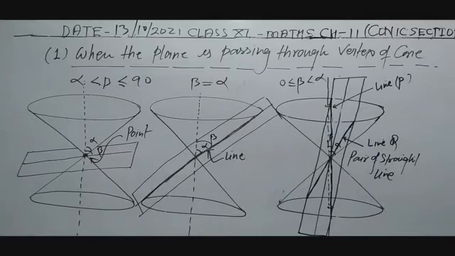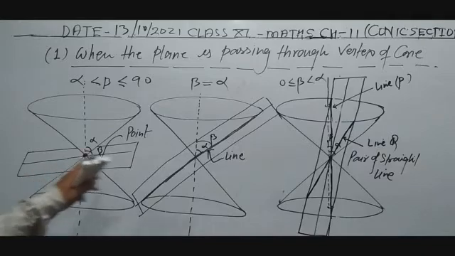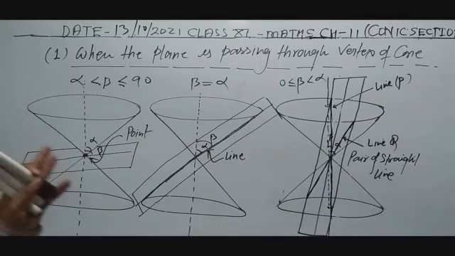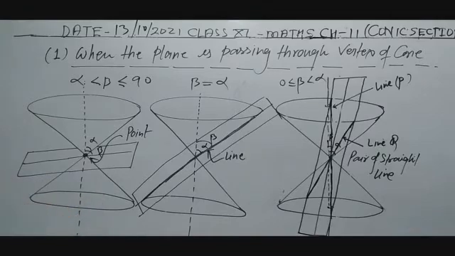In these three cases all the planes are passing through the vertex. On the basis of the semi vertical angle and the angle between the plane and a fixed line, we can divide them into three categories.